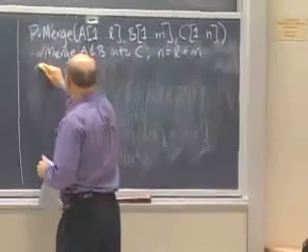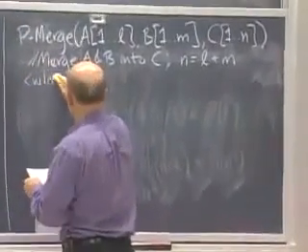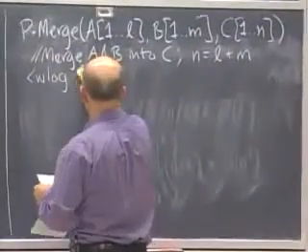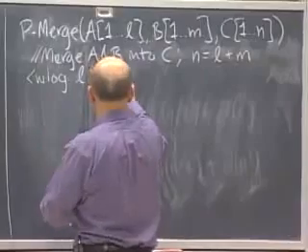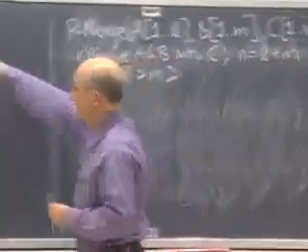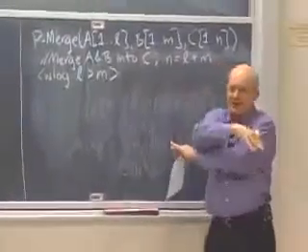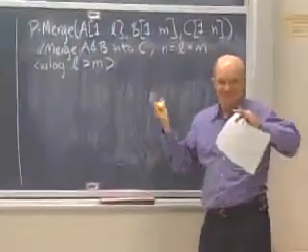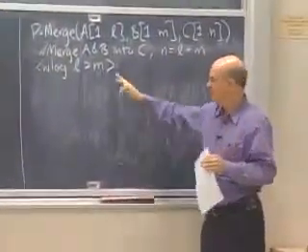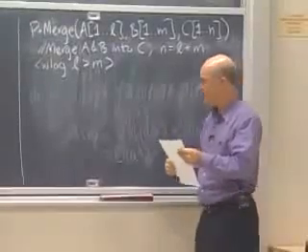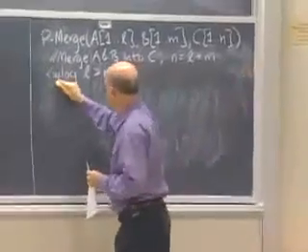So, let's see. Without loss of generality, I'm going to say L is bigger than m, as I showed here, because if it's not, what do you do? Just do it the other way around, right? So I figure out which one is bigger. So that only costs me order 1 to test that or whatever. And then I basically do a base case.